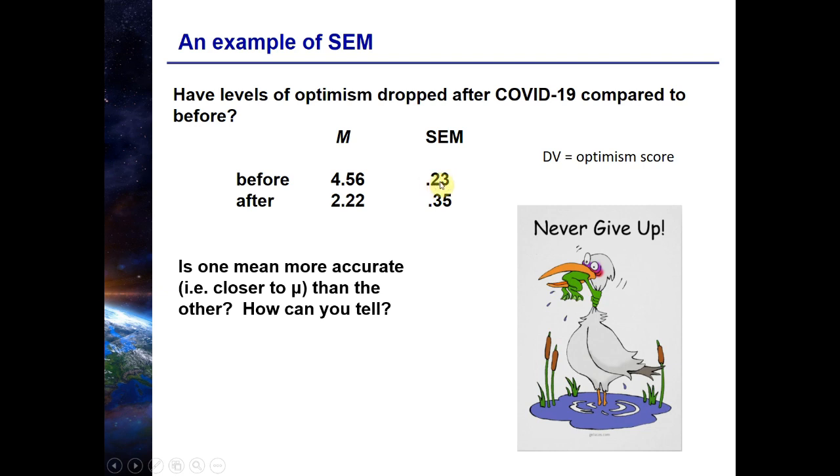If this were 2.3, we would say, oh my gosh, well, that's getting to be pretty big, right? 2.3 could just be a score in the data set. If you have a mean of 4.6, you probably have some scores that are a lot smaller, a lot bigger. So if you had a 2.3 for your SEM, that could even be a raw score in this sample. So 2.3 would be large compared to the mean, and we would say SEM is big.